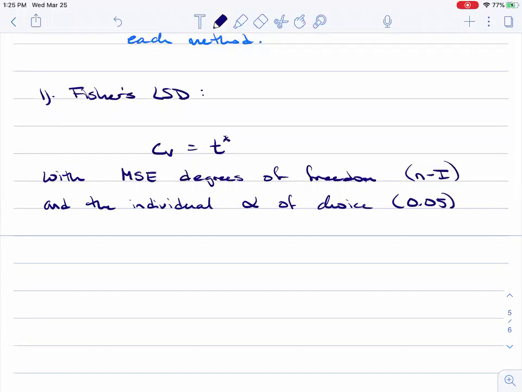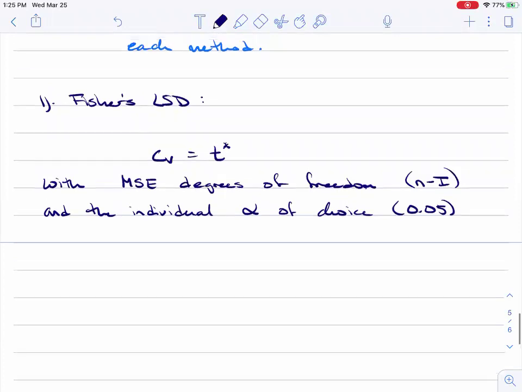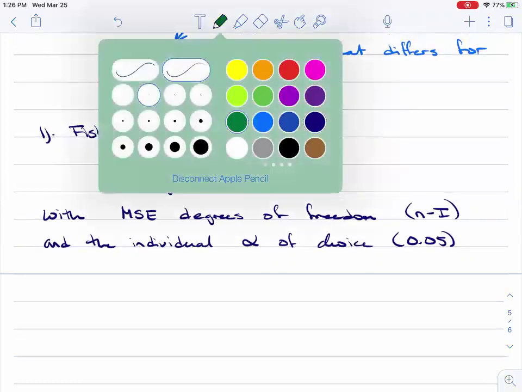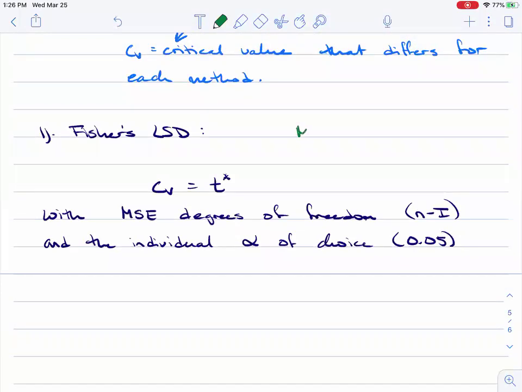One thing to keep in mind about Fisher's LSD is that it's mostly controlling the individual error rate, right?